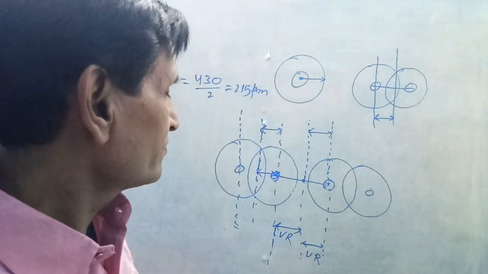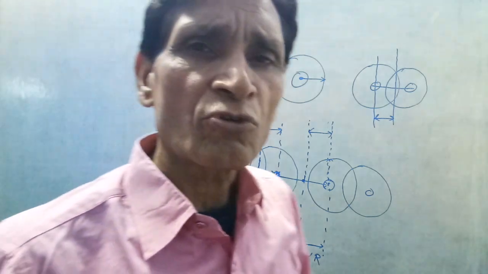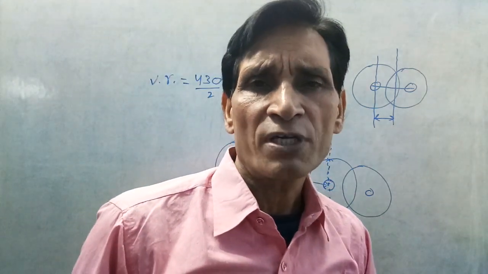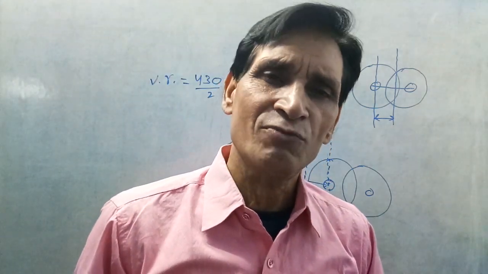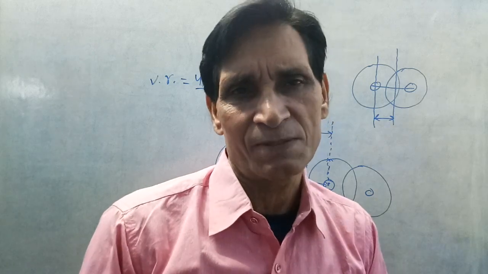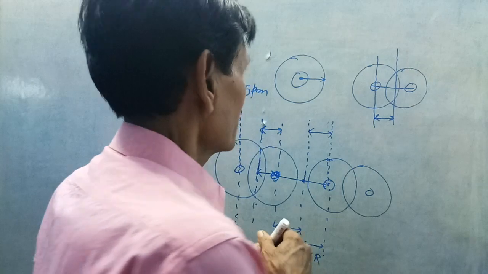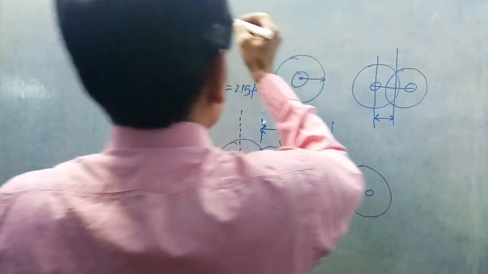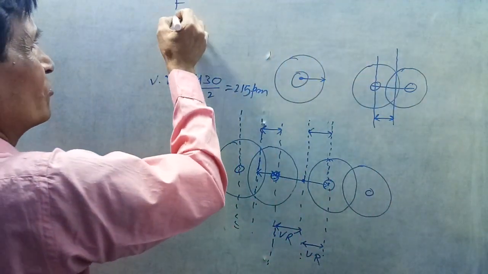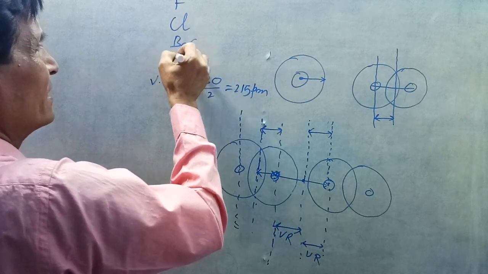Like that, I want to compare covalent radius and van der Waals radius. Van der Waals radius is always larger than covalent radius. Some examples, like here fluorine, chlorine, bromine, iodine.